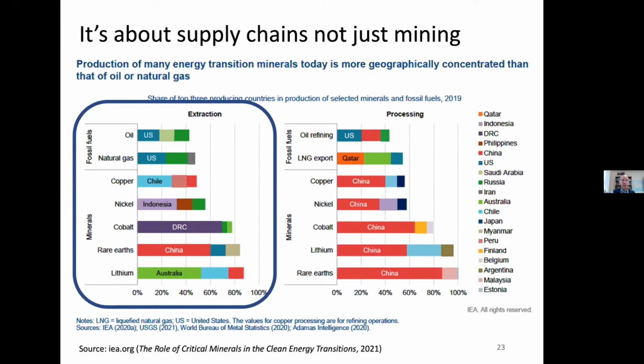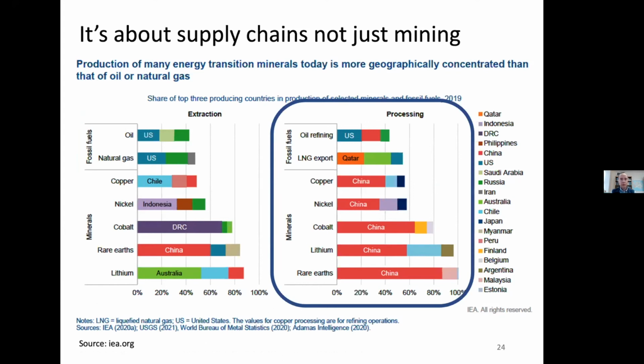And up to more than 80%, depending on the element. And then we go to the midstream or the processing, and a similar picture emerges. We have fossil fuels at the top and mineral resources at the bottom. And we note the very important role that Chinese producers play in the midstream for many of the mineral resources.